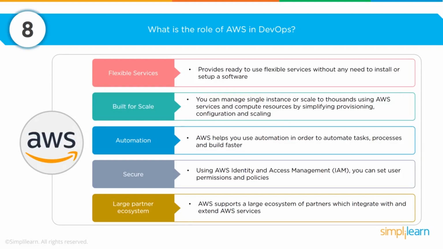You want to hold out your hand and list off 5 areas of focus using your thumb and fingers: flexible services, built for scale, automation, secure, and a large partner ecosystem. Having those 5 areas will help demonstrate why AWS, certainly the leader in this space, and other cloud providers are great for supporting the role of DevOps.